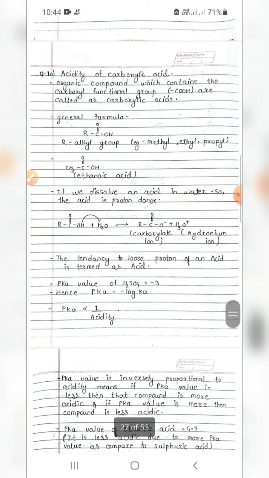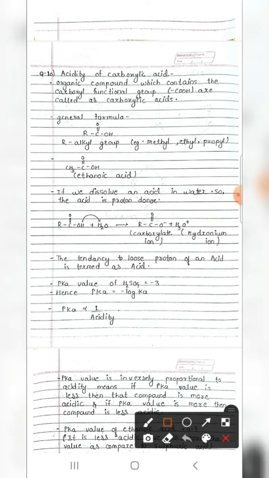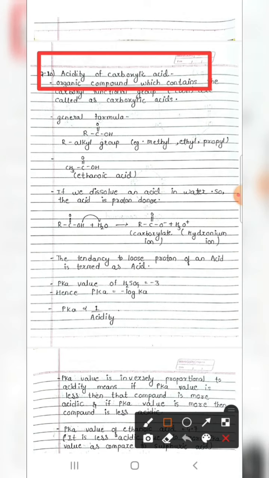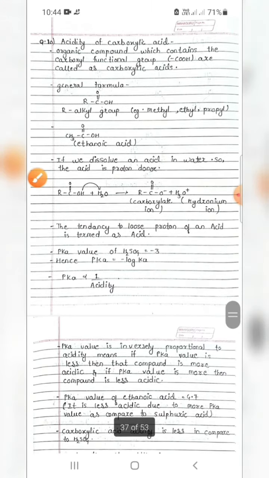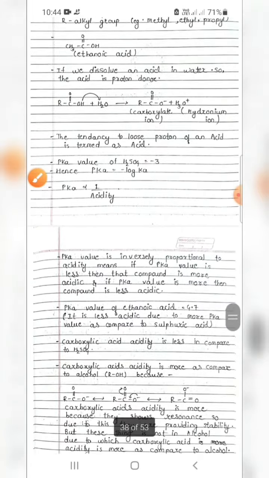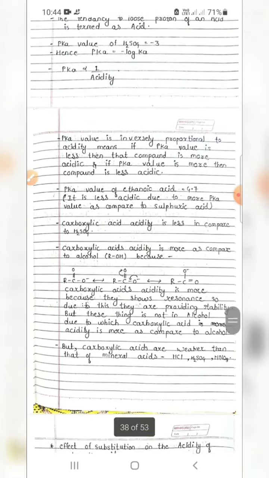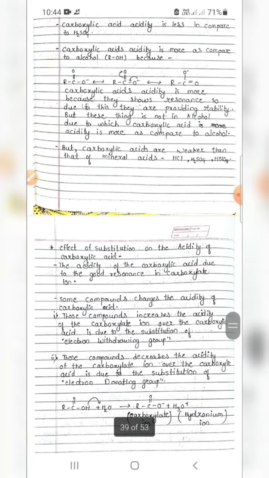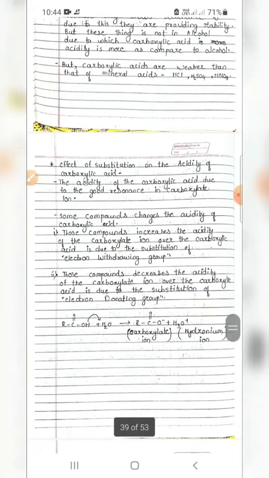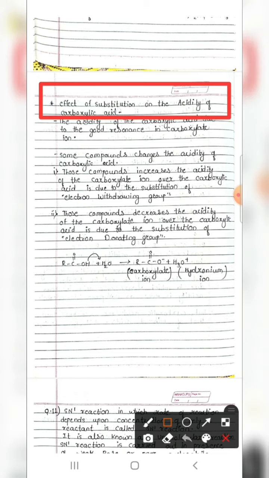Then next question, that is very important: acidity of carboxylic acid. You have to write a short note on it. This is also very important. Discuss the effect of substitution on the acidity of carboxylic acid.